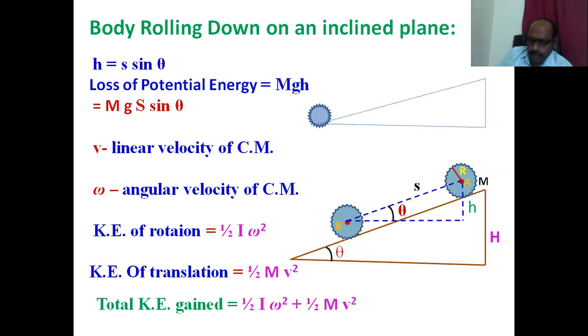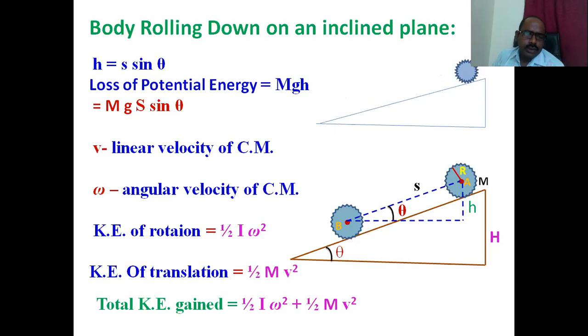The sum of the two kinetic energies is equal to the loss in potential energy, according to the law of conservation of energy.